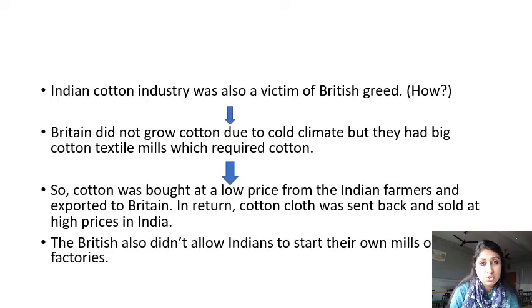The Indian cotton industry was also a victim of British greed. How? Britain did not grow cotton due to the cold climate, but they had big cotton textile mills which required cotton. Means that the British East India Company had very big cotton textile mills in Britain.